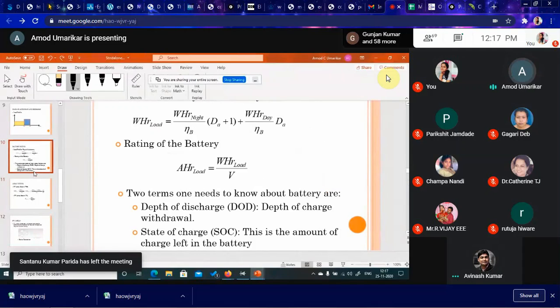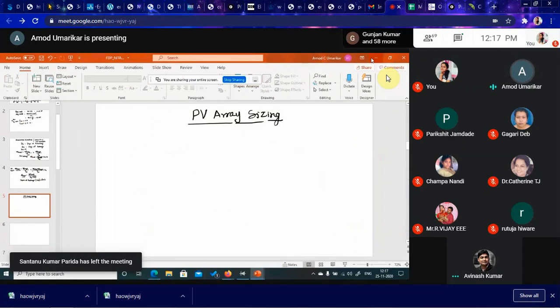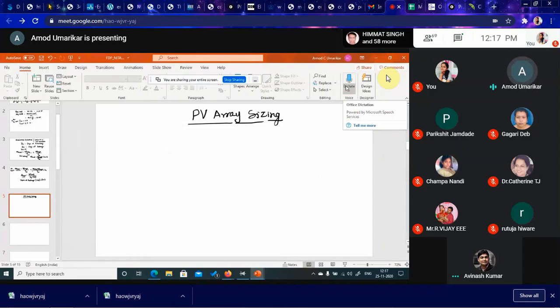Okay. So now let us see how the PV array sizing will be. What will we consider for PV array sizing? I think we have to decide the efficiency of the inverter also. Yes, I have not considered it. Right now I am just considering these first three steps.